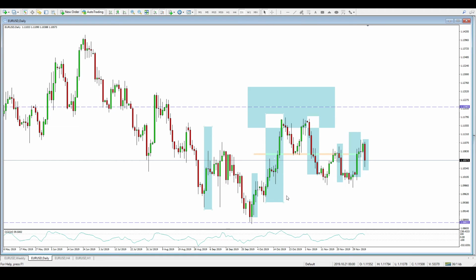Okay, what do these candles tell us? If you pay attention to the look of this candle, it is one full bar, one full bar, full bar, full bar.